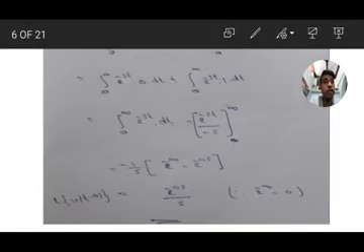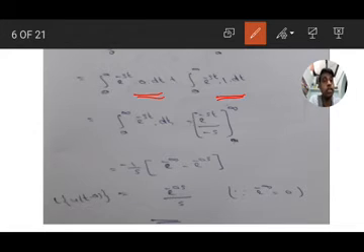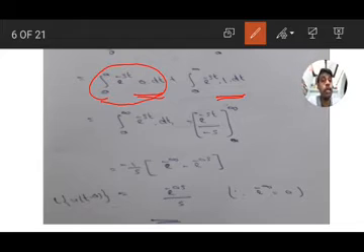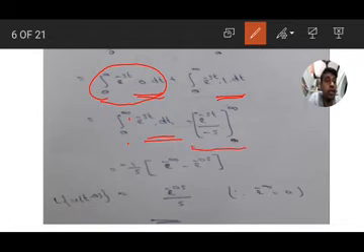We divided it: first, t less than a value is 0 and t greater than a value is 1. Means it is 0, this integration value is total 0. We get integration a to infinity e to the power of minus s into t dt, and its integration value is e to the power of minus s into t by minus s, a to infinity.